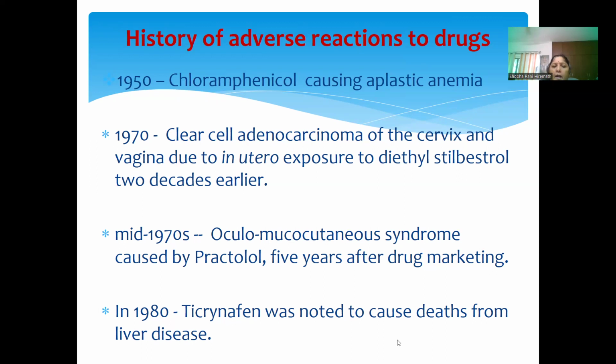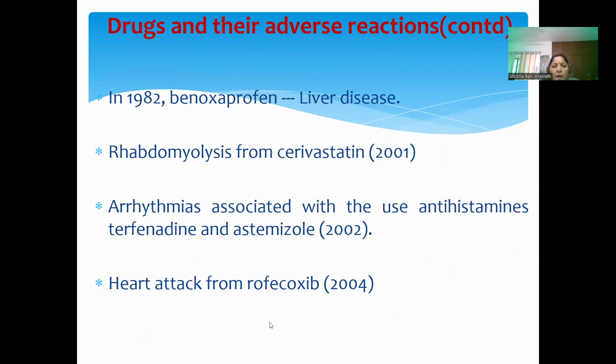And in 1980, diclofenac was noted to cause death from liver disease. In 1982, benoxaprofen caused liver disease that was reported. Then rhabdomyolysis from cerivastatin was reported in 2001. Arrhythmias associated with the use of antihistamines, namely terfenadine and astemizole, were reported in the year 2002.